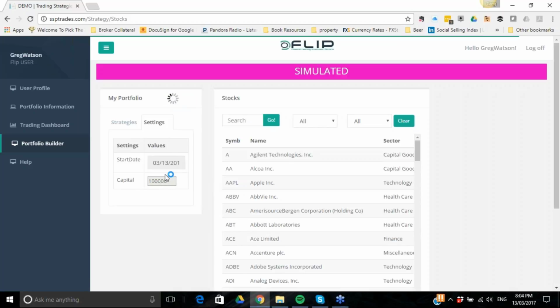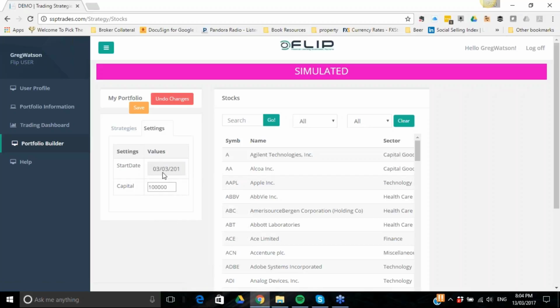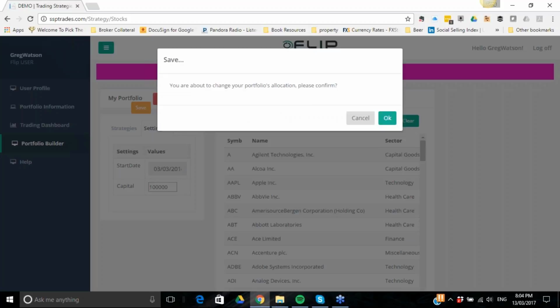Hit change. You can see how simple it is to navigate around this, and it's much easier once you get the hang of it. But of course, it doesn't all happen automatically. You've got to learn to do that a bit first. But there's not very much learning. I've been at this for only a little while. So I'm going to save that again.